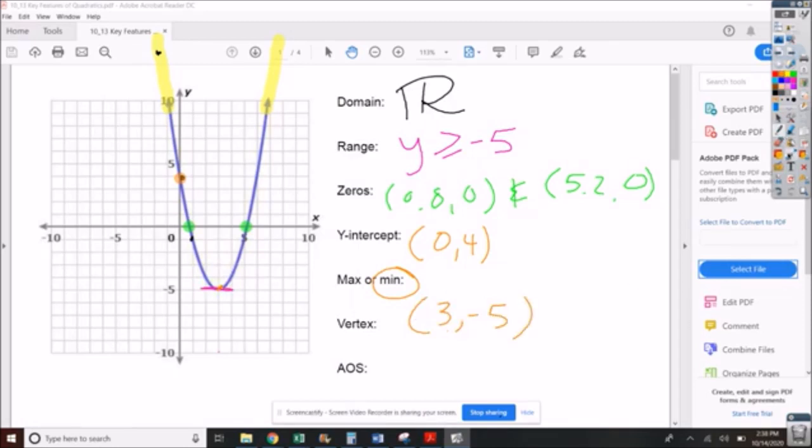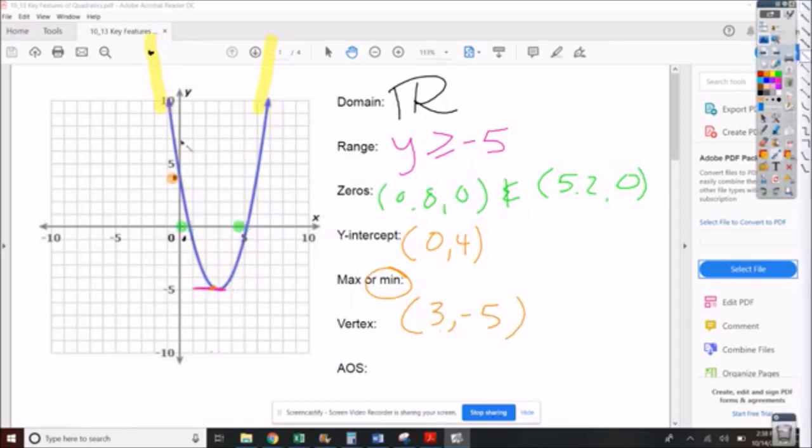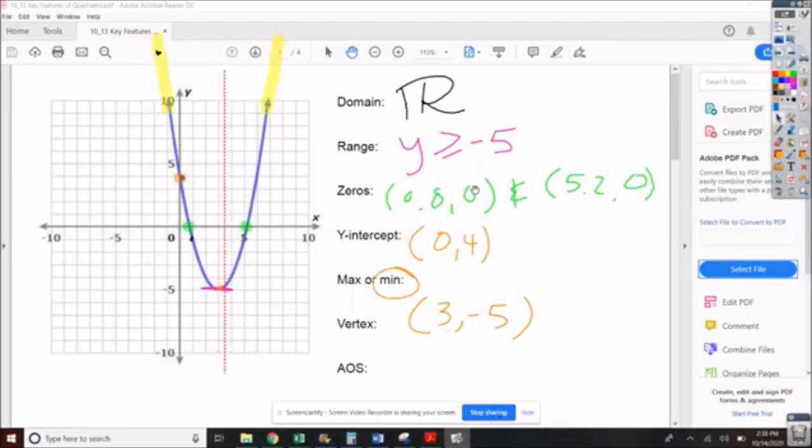And the axis of symmetry is referring to if I were to draw a line down the middle of the graph where I would be symmetric. So that means that if I fold my graph right in half, I would do that right here, and I would see that this is the middle of my graph. So that is going through an x value of 3. So we'll say that the axis of symmetry is x equals 3.